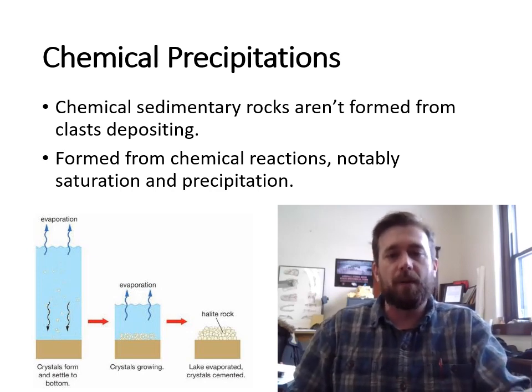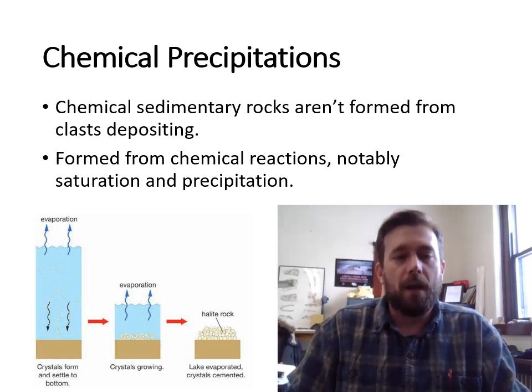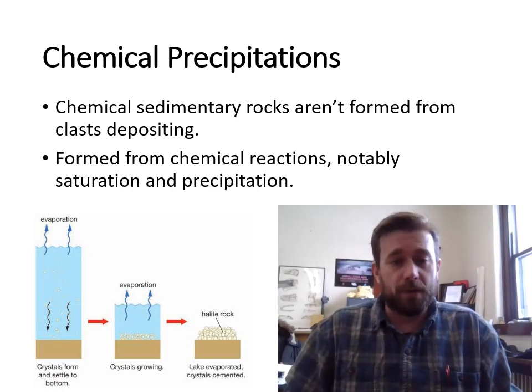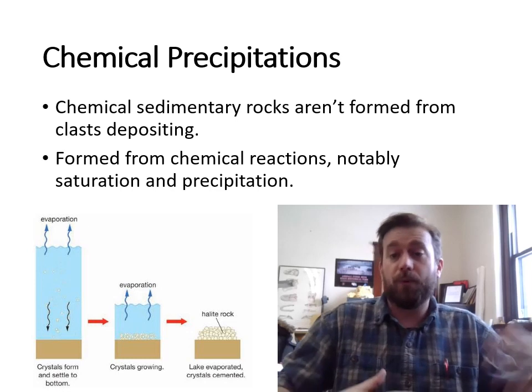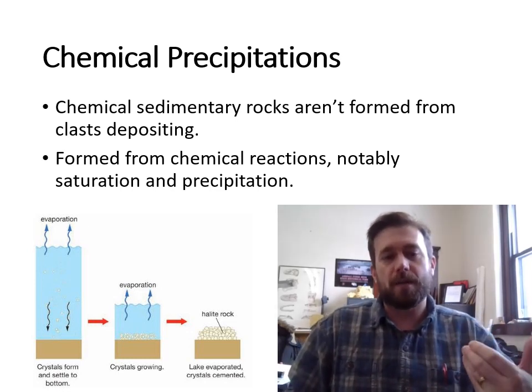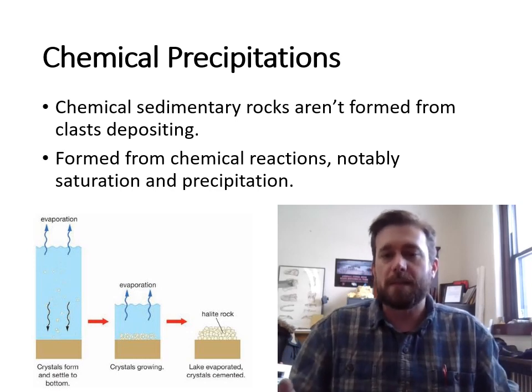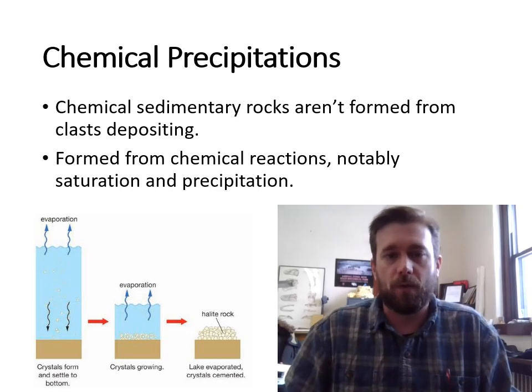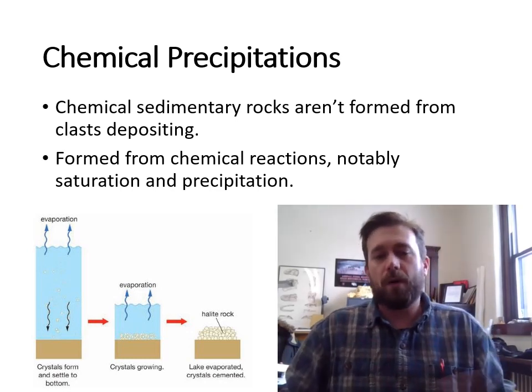So in this example of the diagram that you can see here, we have water with a bunch of dissolved minerals in it. These have dissolved from previously existing rocks and minerals. As evaporation starts happening, we start seeing some crystals form and settle at the bottom. The more evaporation, the more crystalline growth we get, and then eventually the water is entirely gone.